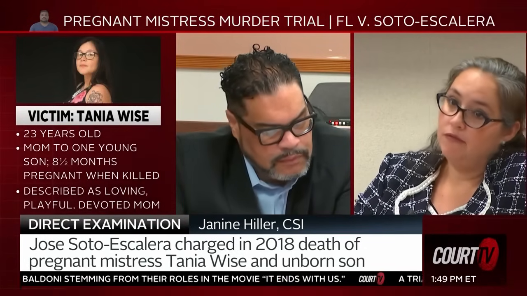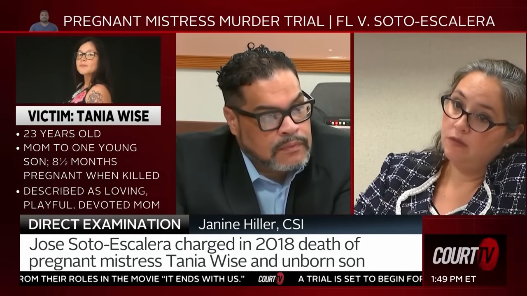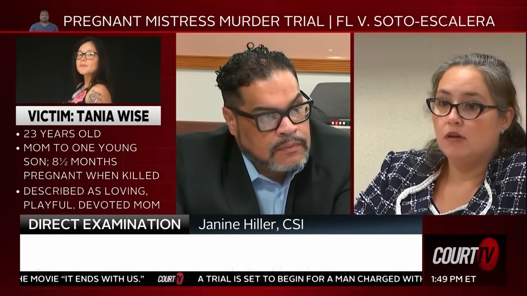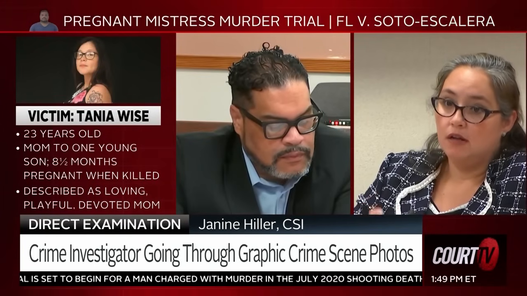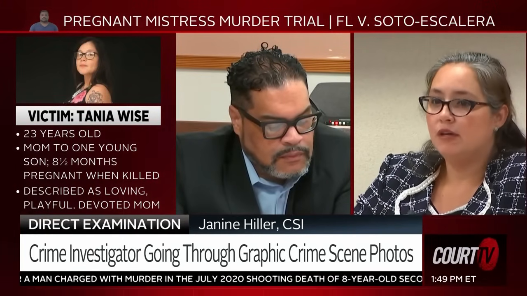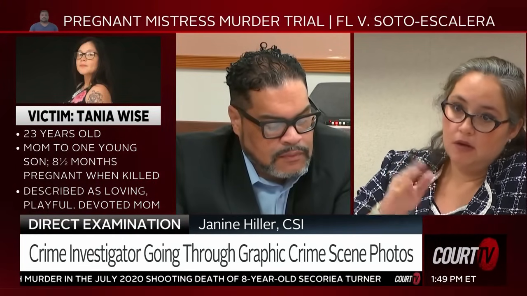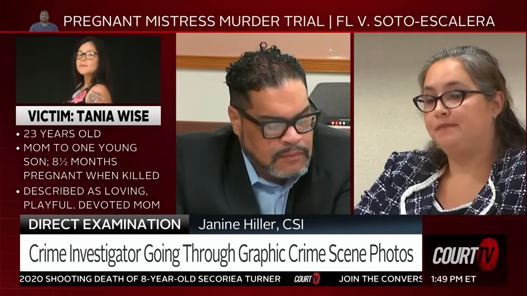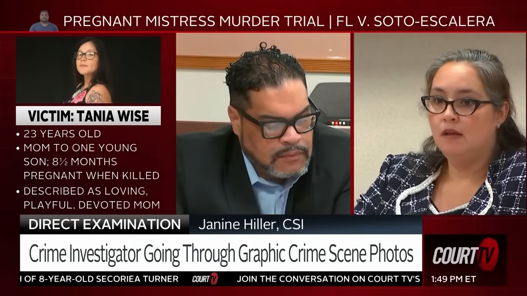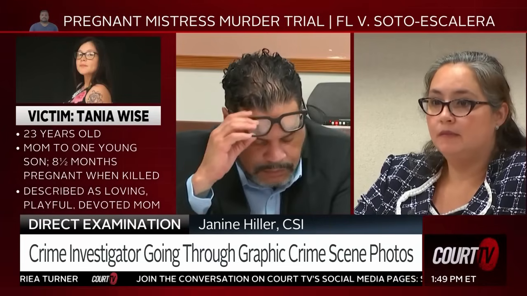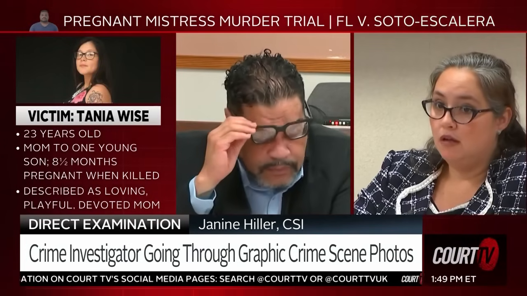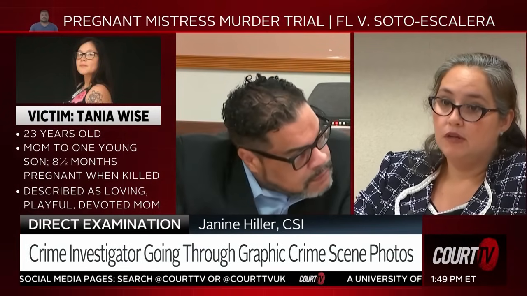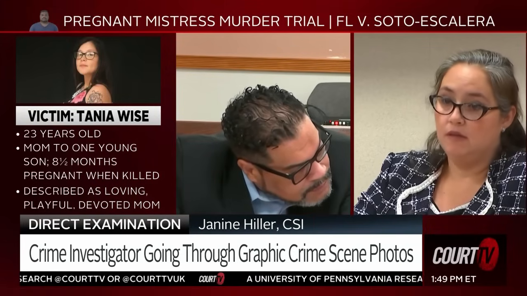This would be from the east looking towards the west, showing the overall condition of the scene. You can see the victim still there in the center of the picture, and this is looking towards the west. And we have now State's Exhibit 50. This is just a closer up photograph of the victim prior to us moving her or doing any examination.